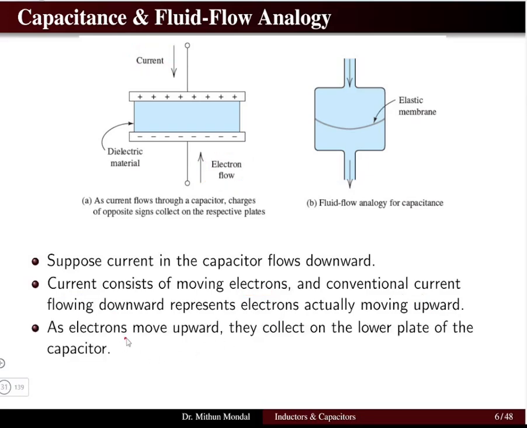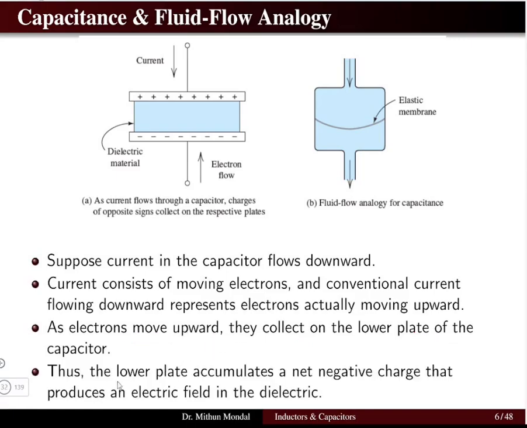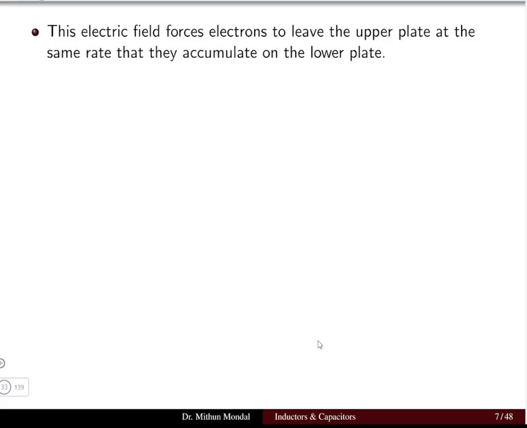As electrons move upward, they collect on the lower plate of the capacitor. So there will be electron deposition on the lower plate. Thus, the lower plate accumulates a net negative charge that produces an electric field in the dielectric. Electric flux lines are generated due to the negative charge on the lower plate.